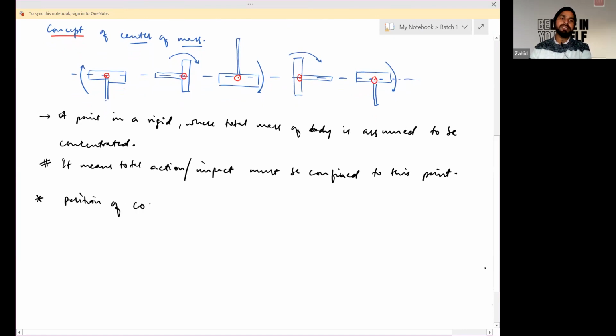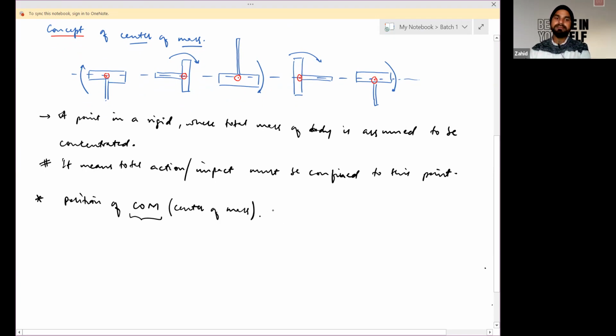Instead of writing center of mass in full, I will write COM or just C. First, suppose you have n number of particles all combined to form a system.